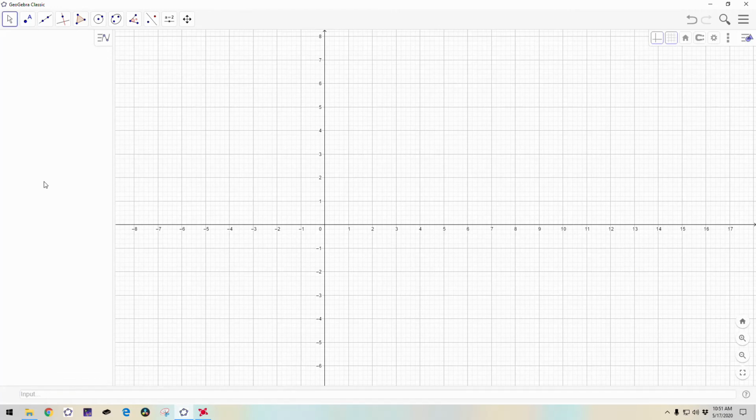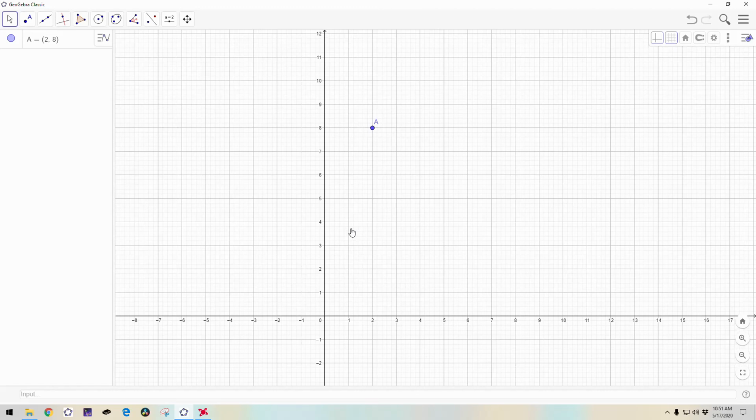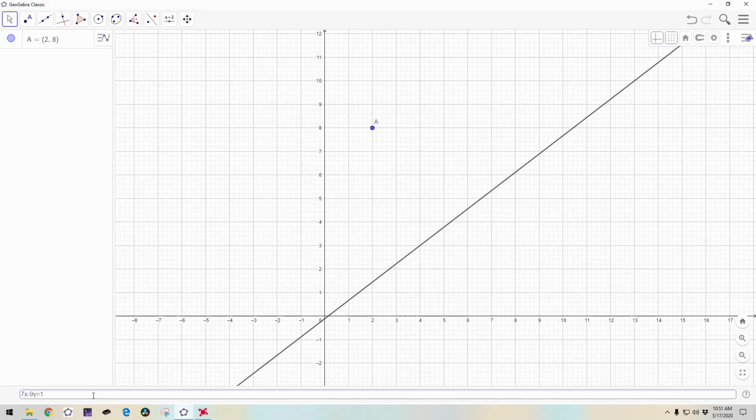The last one there asked us to create a line that went through the point 2, 8. Okay, so like this. And it needed to be perpendicular to 7x minus 9y equals 1.